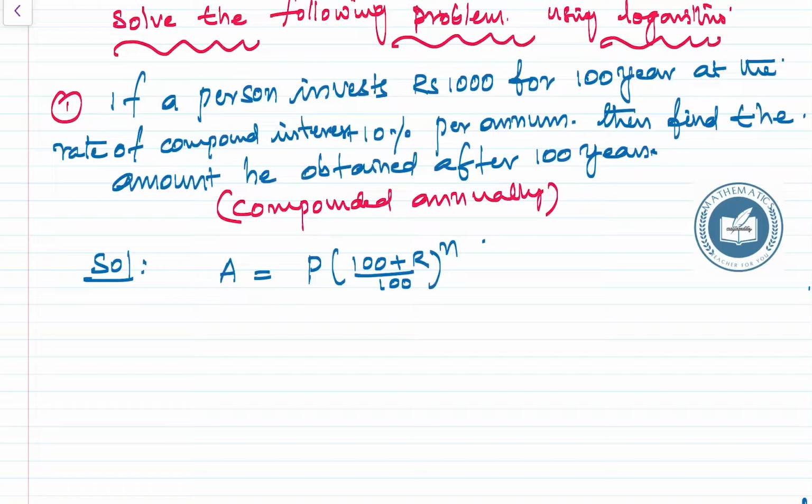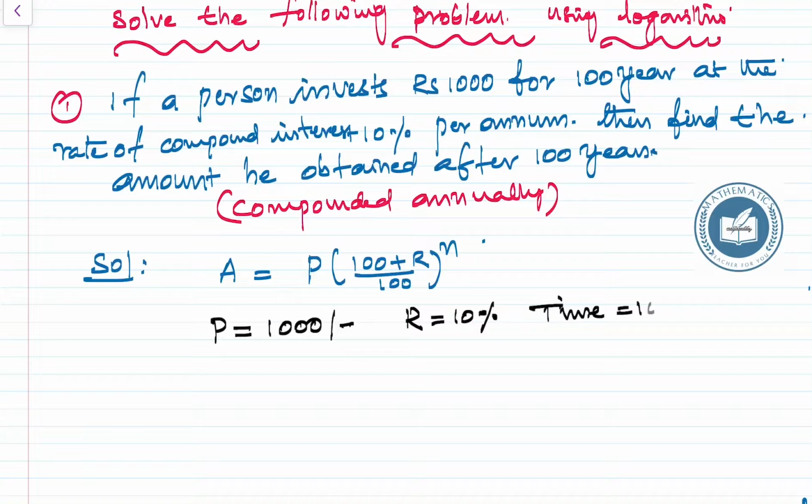Okay. Here P is the principal amount, N is the number of times interest is calculated in the period, and R is the rate of interest here. So according to this problem, the principal P is equal to 1000 rupees, rate of interest is 10%, and the amount is invested for 100 years.